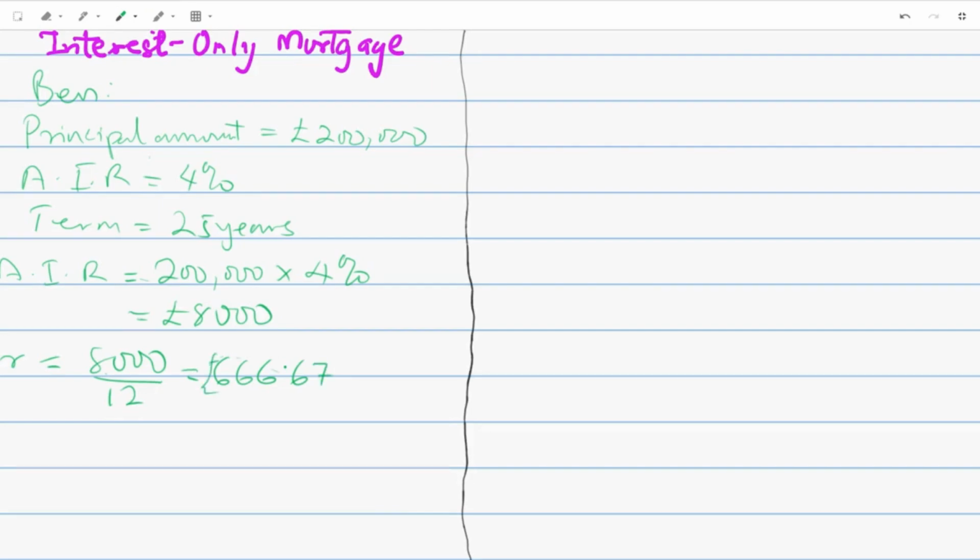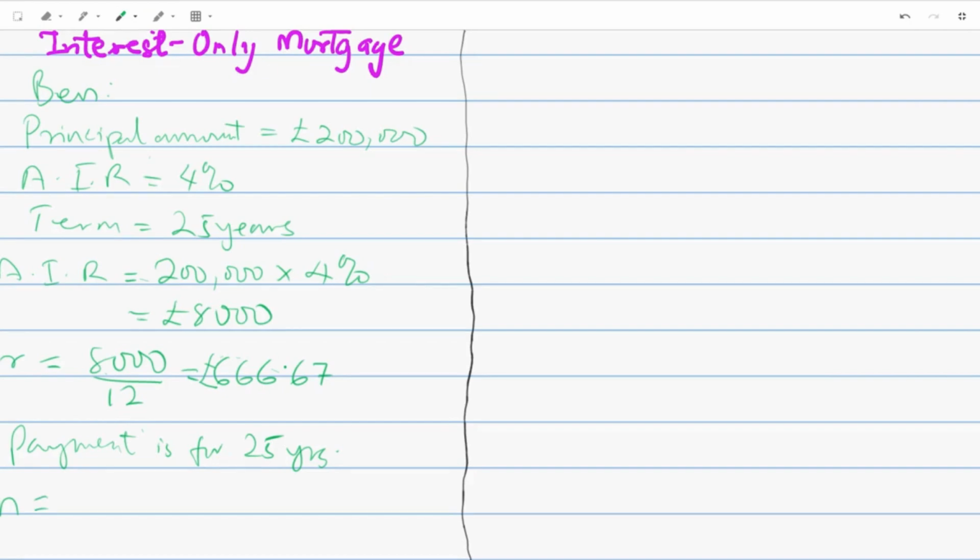So what you will have is £666.67. We do know that the payment is for 25 years. Now, we know that the monthly interest is £666.67.